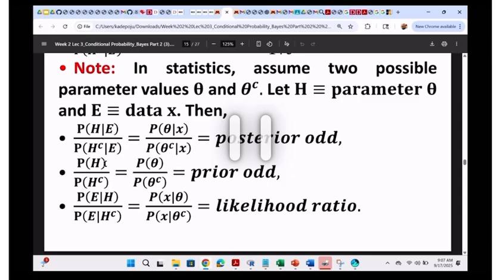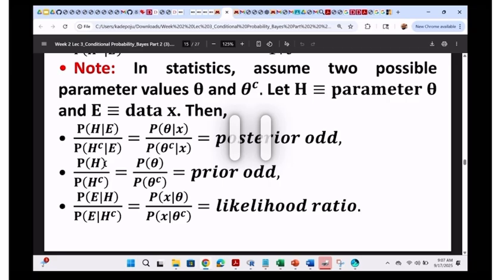It is the probability of H divided by the probability of the complement: the ratio of the probability that the accused person is innocent to the probability that he is guilty.